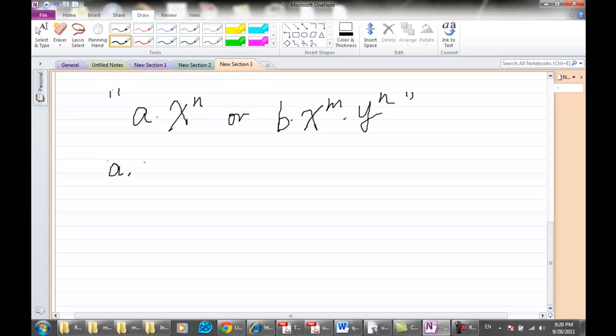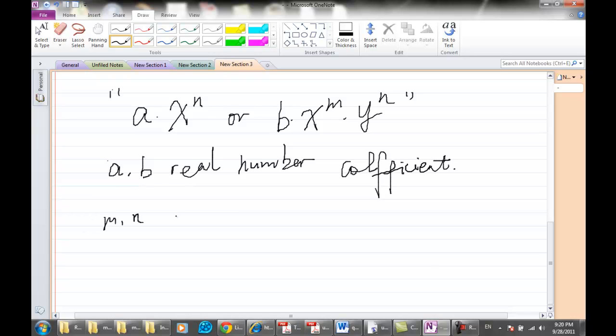In this case, a and b are both real numbers, and they are also coefficients here. And m and n are both natural number exponents.